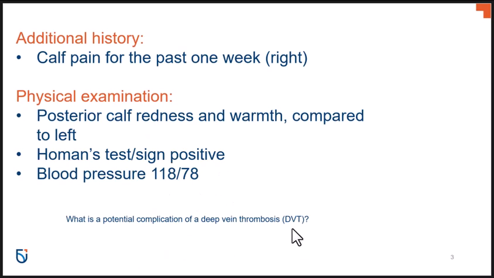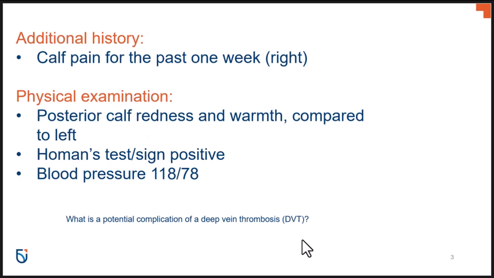Now, an important question here is, what is the potential complication of a DVT? If you suspect that a patient has a DVT and you just send them home, or you tell them they need to go to the emergency room and they don't, the clot found within the deep vein, or part of it, can dislodge and travel through the venous system.